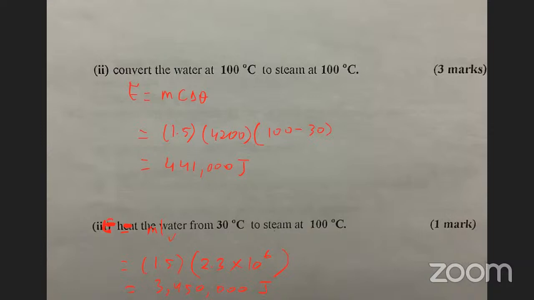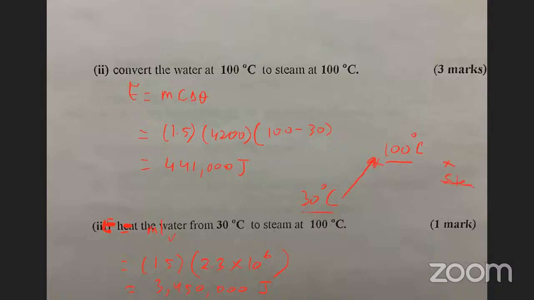Add both, yeah. Right, Kalia said to add both values. Because remember, we went from 30 degrees water to 100 degrees water, and then we heat the water and we got steam.